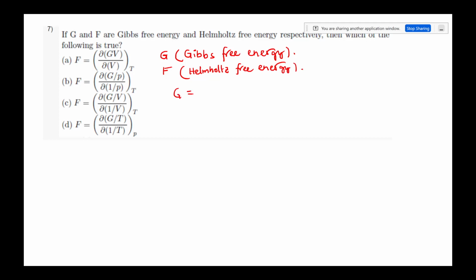G is F plus PV. Then I can write F is G minus PV. Now I am going to let you know a certain mnemonic diagram. So this is like this.